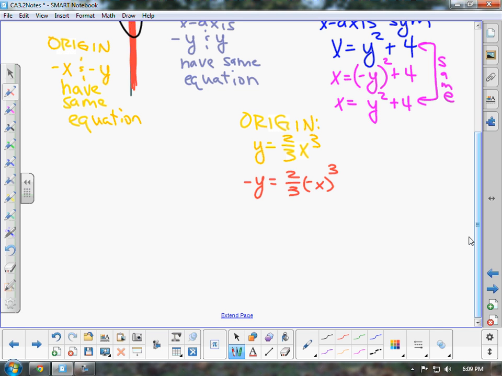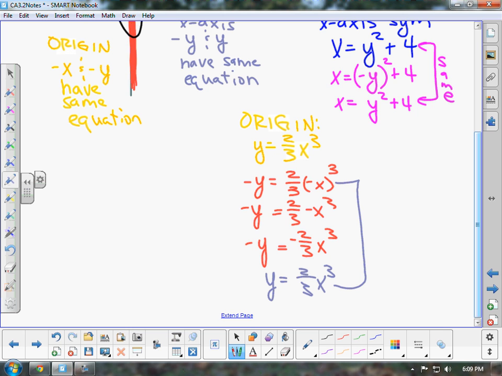Simplifying this, negative cubed is still going to be a negative, so negative x to the third times 2/3 equals negative y. When you multiply 2/3 times a negative 1, you'll get negative 2/3 x to the third equals negative y. And then getting y by itself, you would multiply by a negative 1 to get y equals 2/3 x cubed. And now those two things are the same, and so they are origin symmetric.